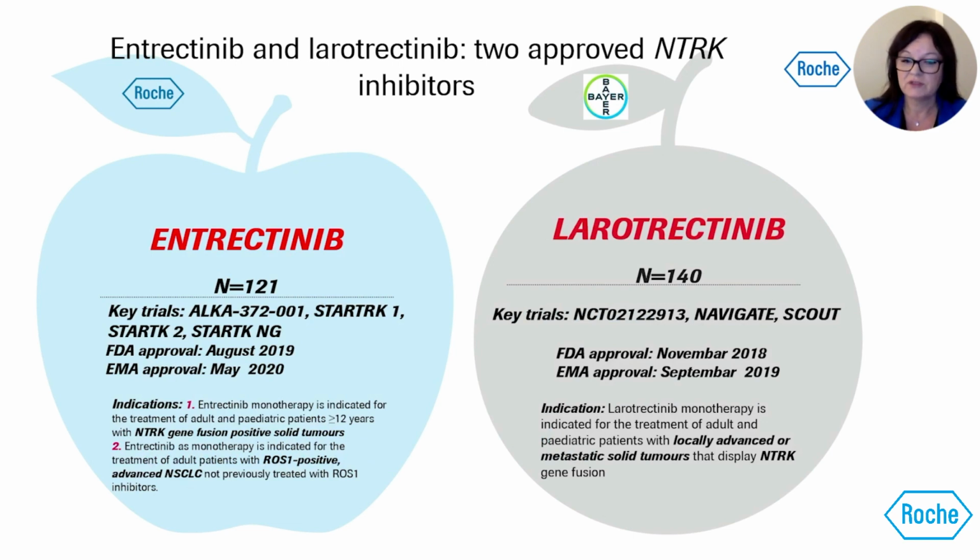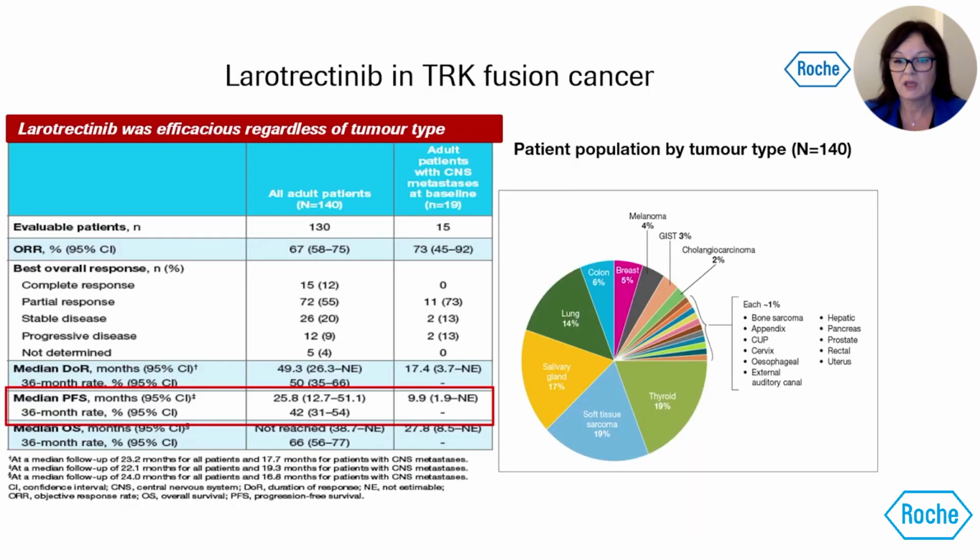In the entrectinib basket trial, 24% of patients had TRK fusion-positive sarcoma, and in the larotrectinib trial it was 45% of patients with TRK fusion-positive sarcoma. For larotrectinib in TRK fusion-positive cancer, we see the patient population by tumor type: number of patients 114, and soft tissue sarcoma was 19%.